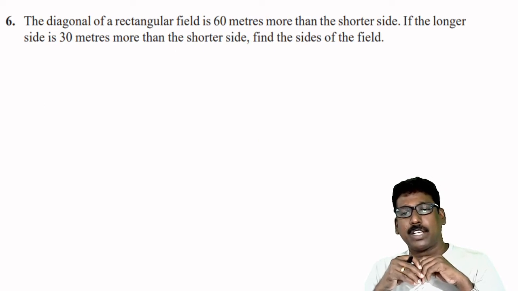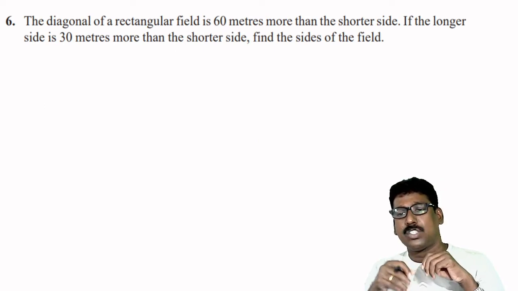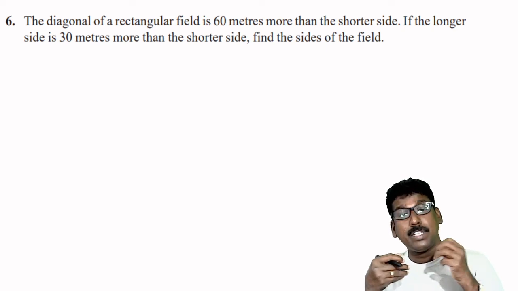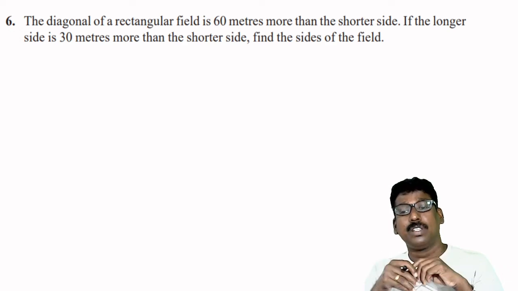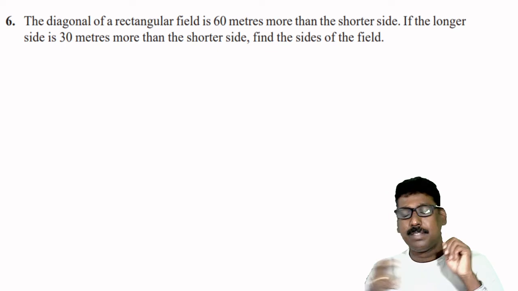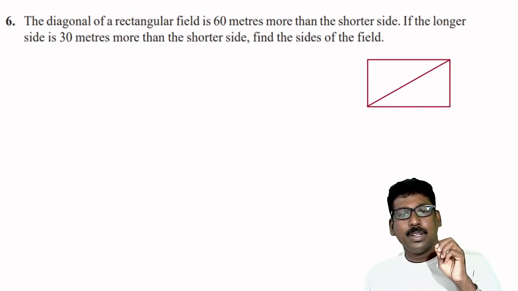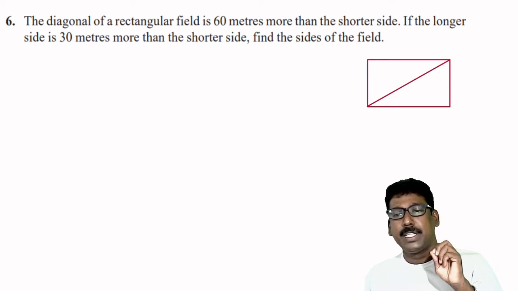Here is your next question. The diagonal of a rectangular field is 60 meters more than the shorter side. If the longer side is 30 meters more than the shorter side, find the sides of the field. Now let me take a rectangle first. Here is your rectangle. Let me draw its diagonal. Now it is given that the diagonal of a rectangular field is 60 meters more than the shorter side.